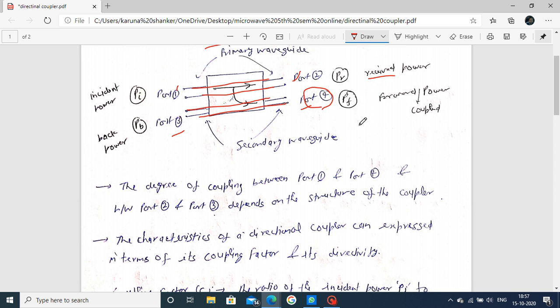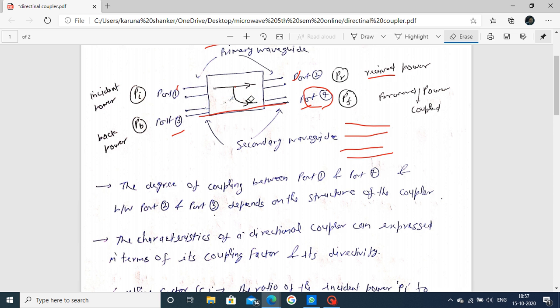Consider this structure, one primary waveguide and one secondary waveguide. This is represented as a single-hole directional coupler.